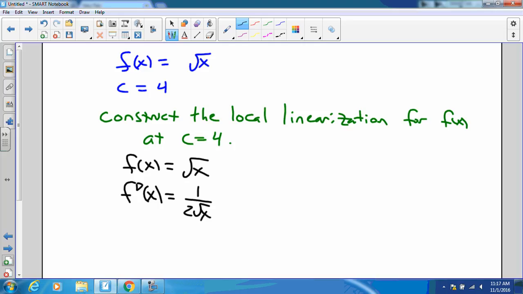This does not give us the information that we need yet, but it's about to, because what is f of 4 equal to? And what is f prime of 4 equal to? 1/4. Exactly.